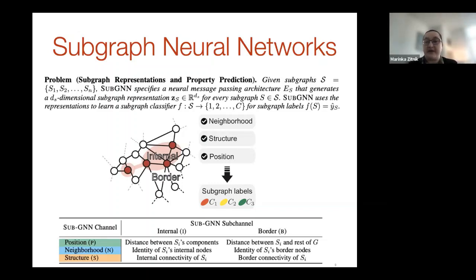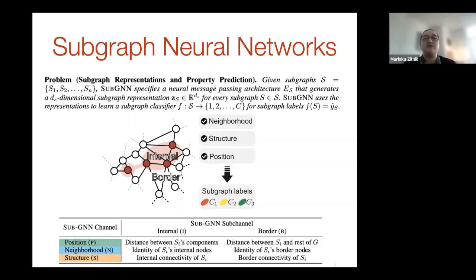And once those embeddings are obtained, SubGNN uses those embeddings or representations to learn a classifier F that will take the subgraphs and predict labels for them, where labels in our case are categories of subgraphs, and we can assume that we have some C number of distinct categories.